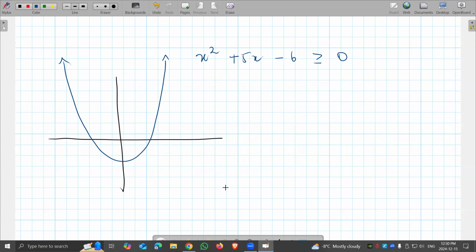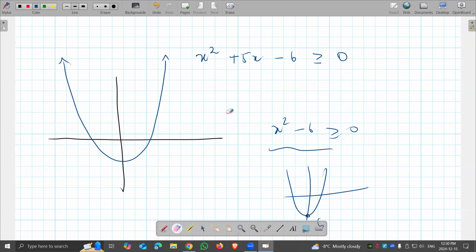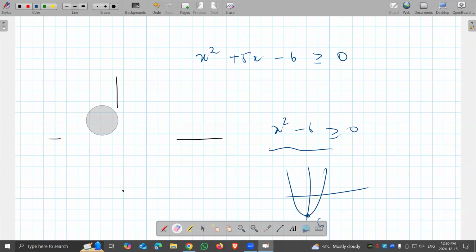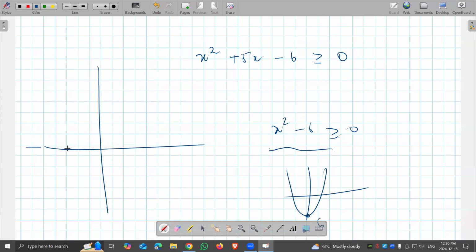This point is not necessarily minus 6 because there's a plus 5x component. When that happens, it's not going to be the vertex. If you had this, then for sure this would be the vertex. But minus 6 is not the vertex here. We don't know what the vertex is yet, but it'll probably look something like this.